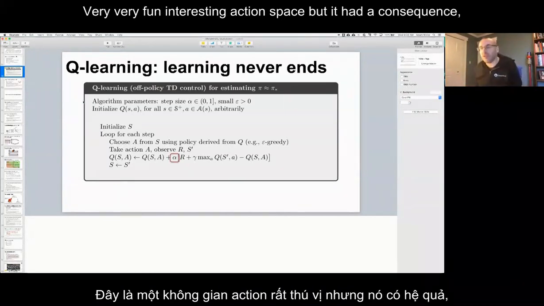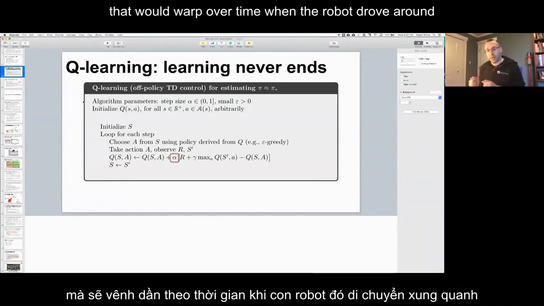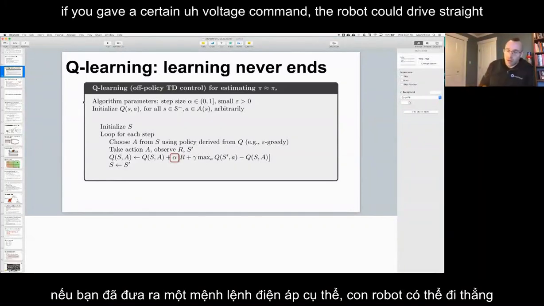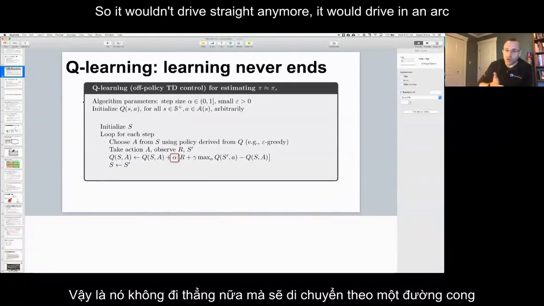Very fun, interesting action space, but it had a consequence, which was we had to 3D print those wheels, and those wheels were made of a polymer that would warp over time when the robot drove around. The consequence of that was, if you gave a certain voltage command, the robot could drive straight. But then as the wheels warped over time, that turned into a bowed arc. So it wouldn't drive straight anymore, it would drive in an arc.